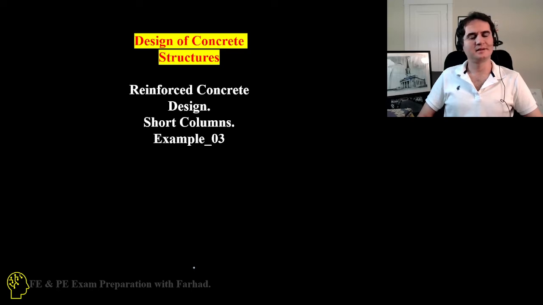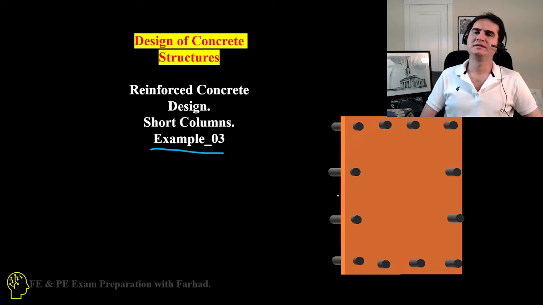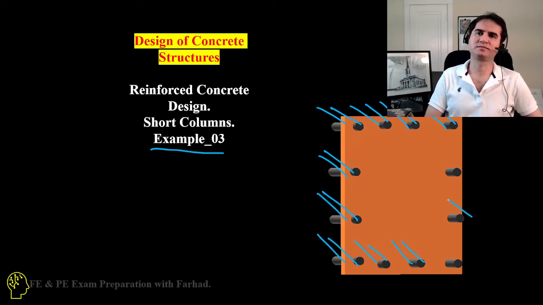Let's attempt the last example for short columns, which is example 3, a square cross section with 12 longitudinal rebars all around the cross section.